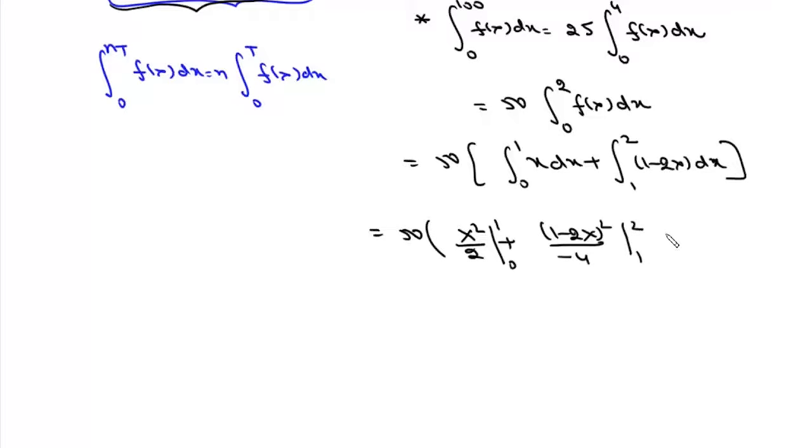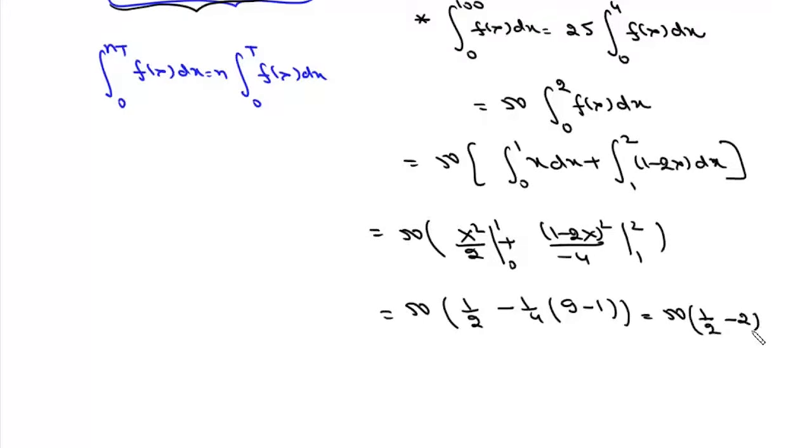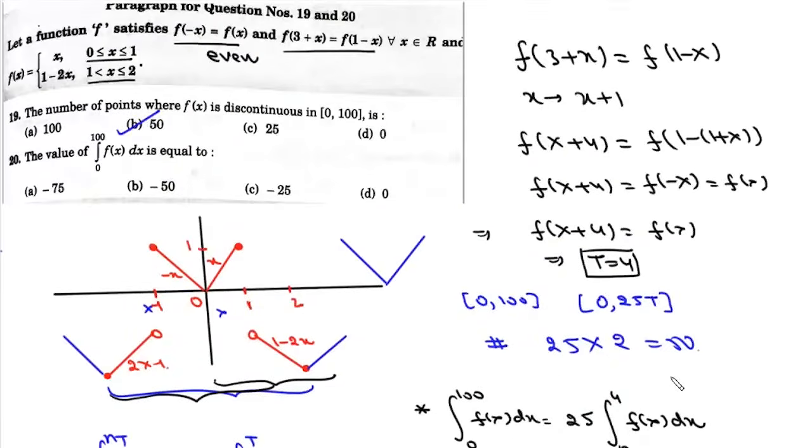So this value will be 50 times 1/2, and here it will be minus 1/4 times (9 - 1). So it will be 50 into (1/2 - 2), which is 50 into -3/2, and that is -75. So the value of this integral is -75, and that's your option A.